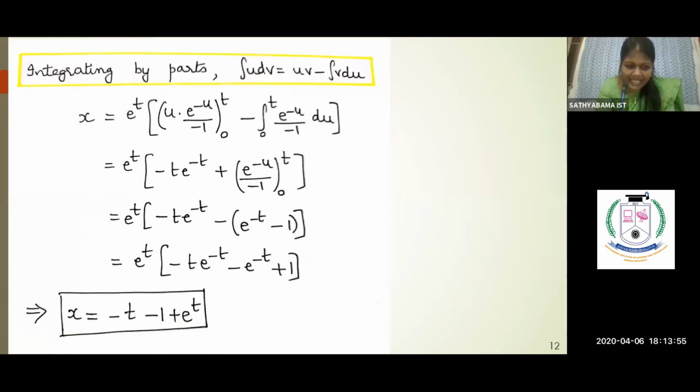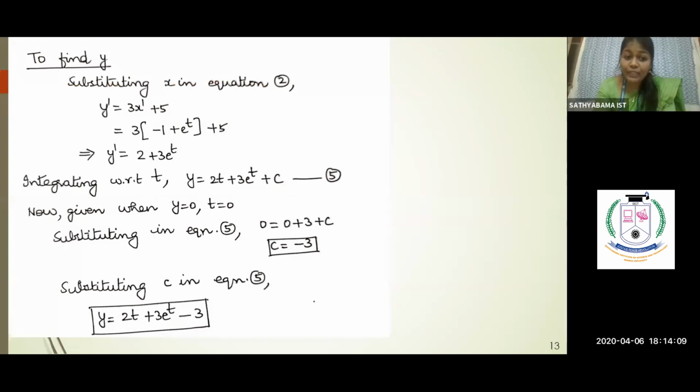So, if this is x, what is x dash? Differentiate this with respect to t. What will you get? Minus 1 minus 0 plus e power t. The differential of e power t is e power t only. So, minus 1 plus e power t. So, I've substituted for x dash: 3 into minus 1 plus e power t, plus 5. When you simplify, what is y dash? 2 plus 3 e power t.